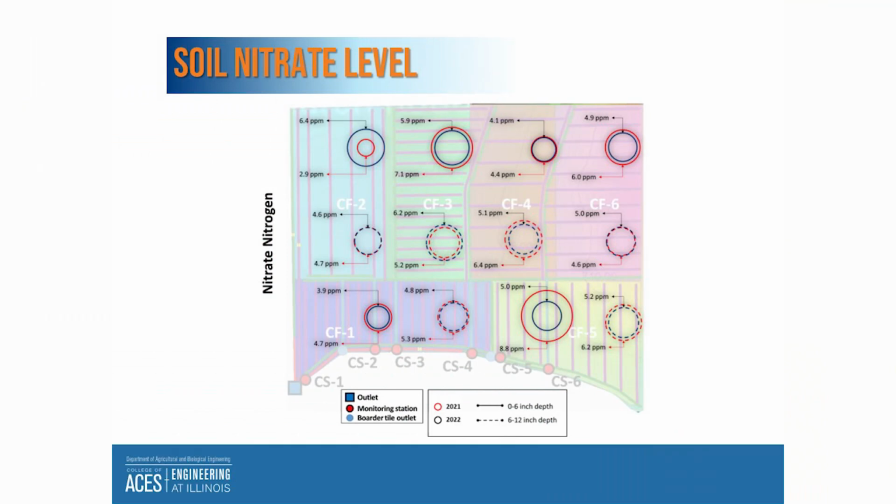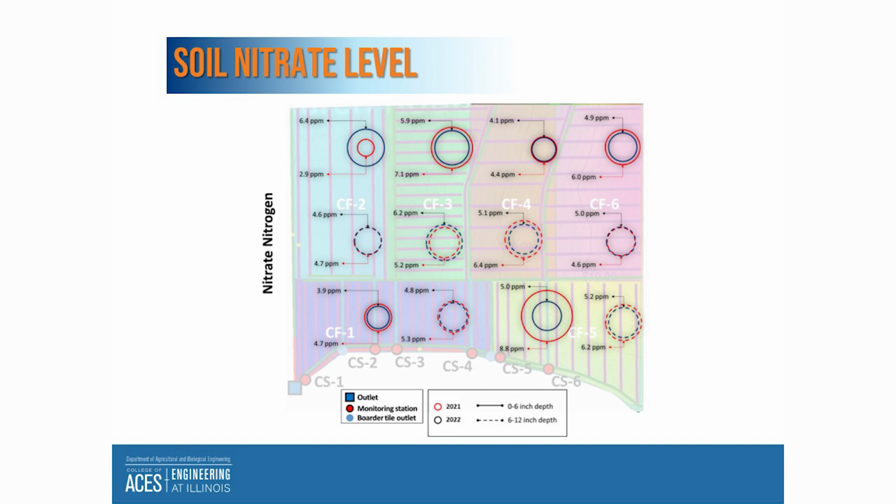So we did this soil analysis for 2 years, 21 and 22, in spring before fertilizer was applied. We went to each plot, followed NRC's soil analysis guideline, took about 20 random points at 2 different depths, composited the sample, and analyzed it for soil nitrate.